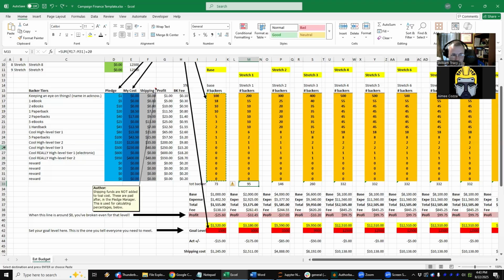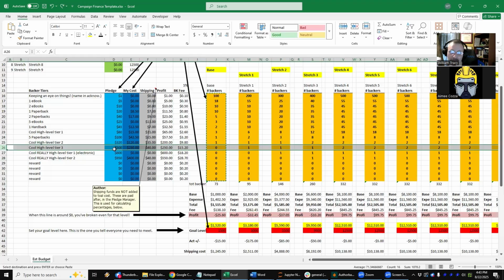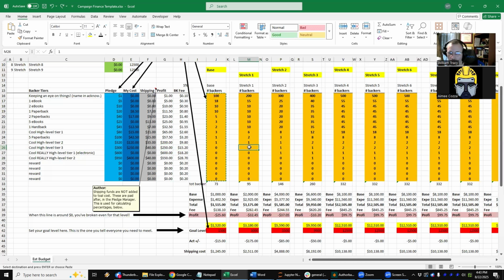This is where you can sneak in some things like, hey, maybe somebody backed one of my high level things between my base goal and my stretch goal, and that'll be a nice bonus of money. Or maybe you plug in $300 or $400 here if you have some really cool add-ons that people are going to buy, or somebody made a donation to your campaign, something like that. So once you're past the base goal, this is where different things start to open up generally as you run your campaign.